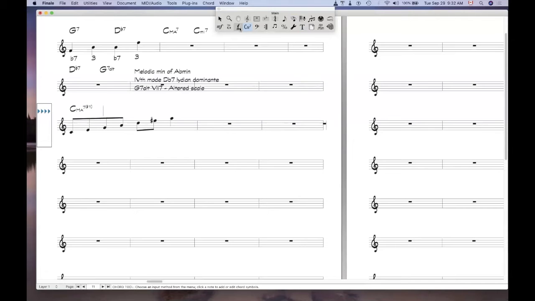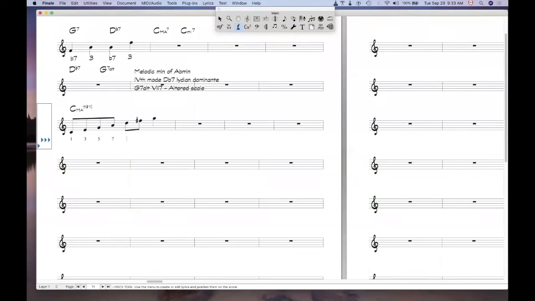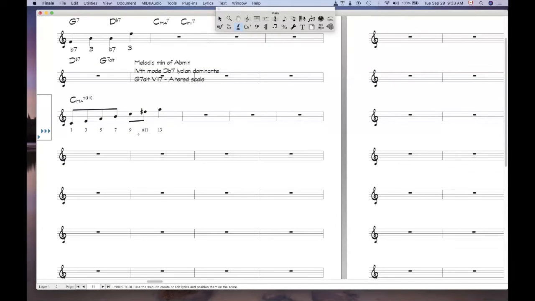In this case, I have 1, 3, 5, 7, 9, sharp 11, and 13. So we can do that with minor, with dominant chords, and whatnot.